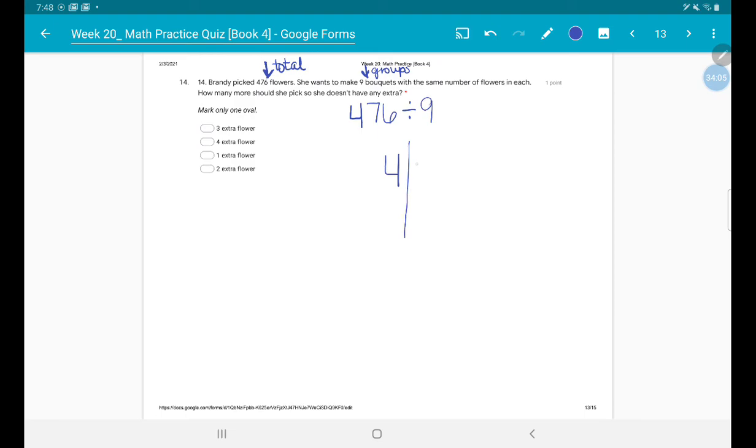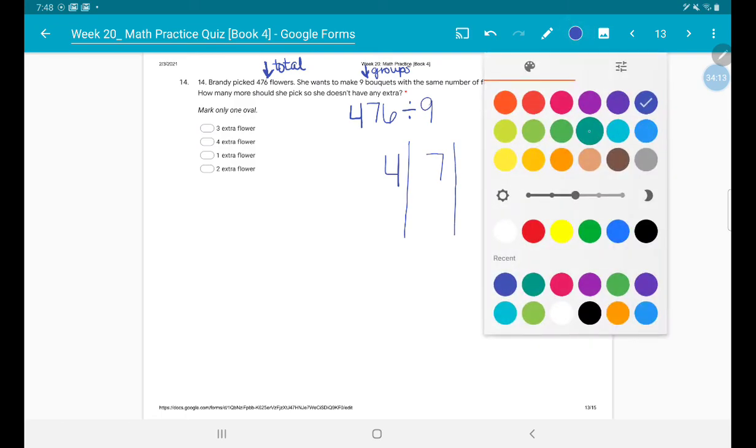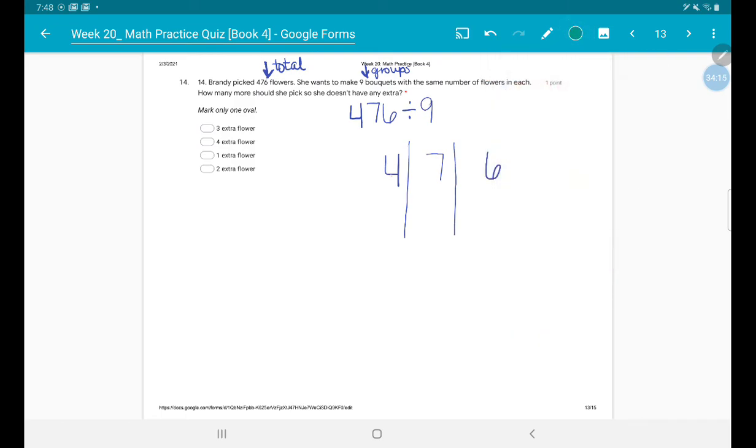I'm going to set that problem up. 4 hundreds, 7 tens, 6 ones, and I'm dividing into 9 equal groups. Well, I can't put 4 things in 9 equal groups, so I'm going to regroup my hundreds to tens. So now I have 47 tens.